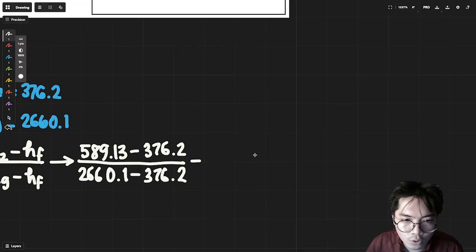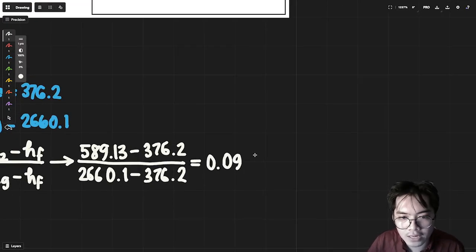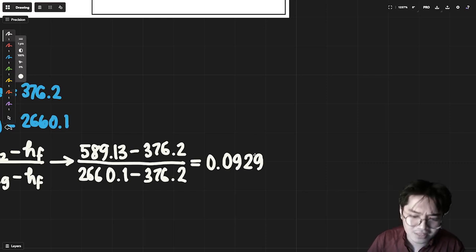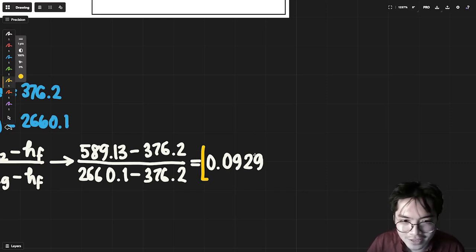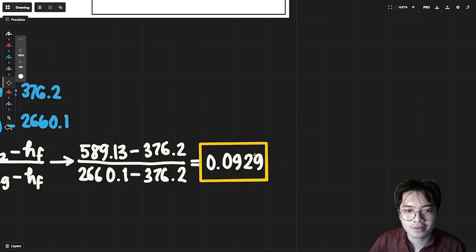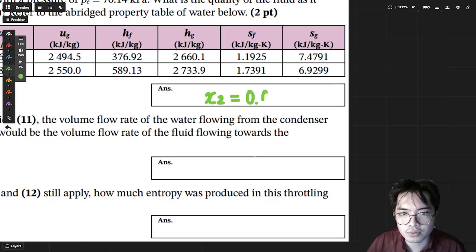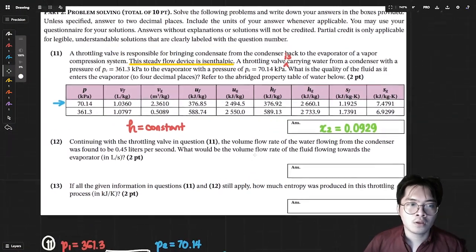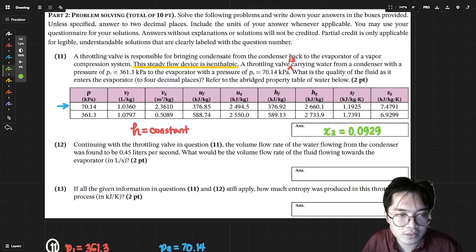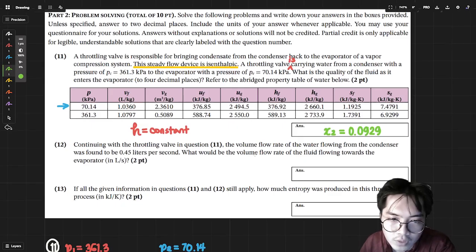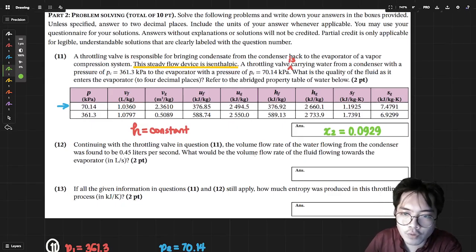This will give you your answer of 0.0929. I think that's the correct answer. I've been checking since yesterday. Okay, that is your answer. X2 equals 0.0929.